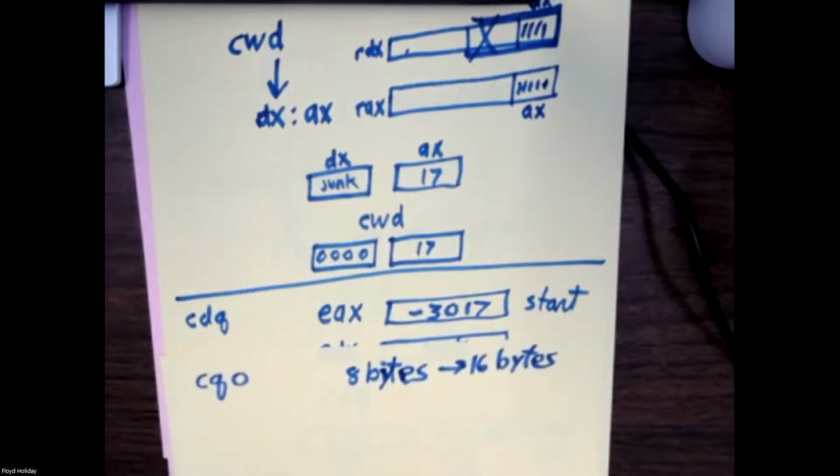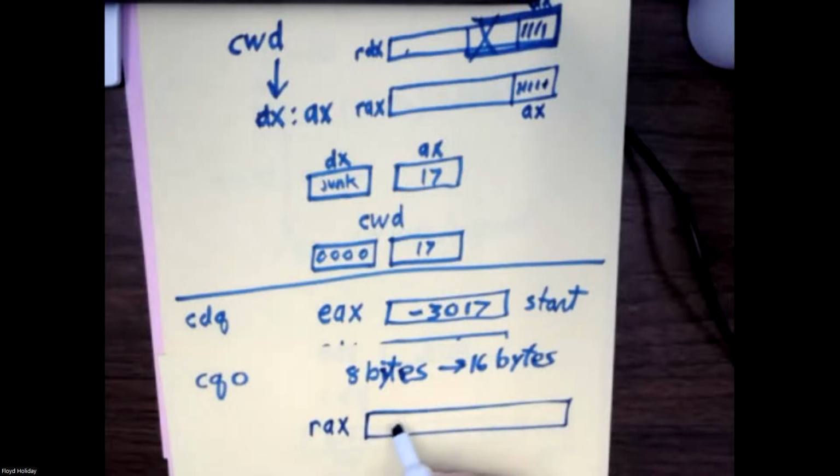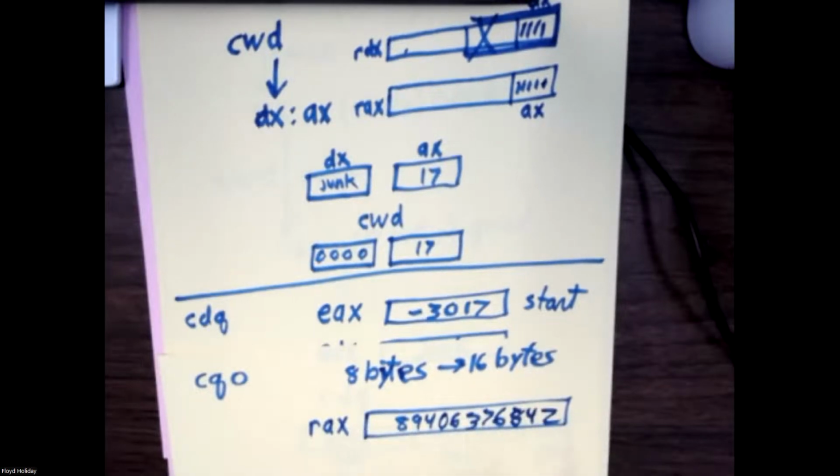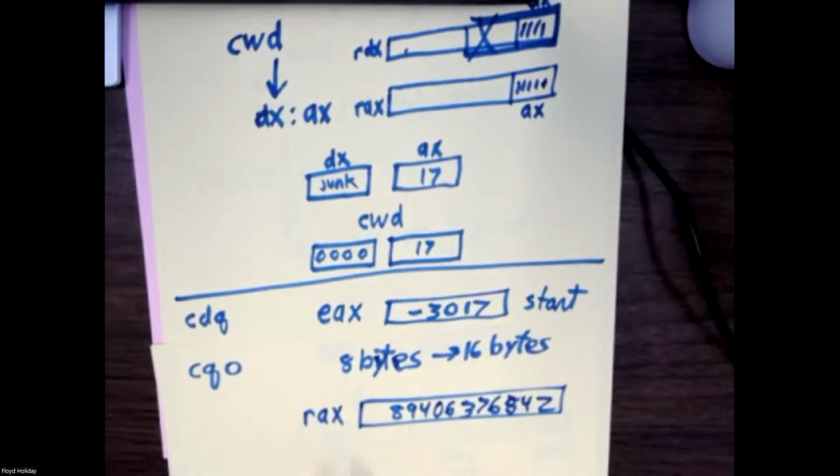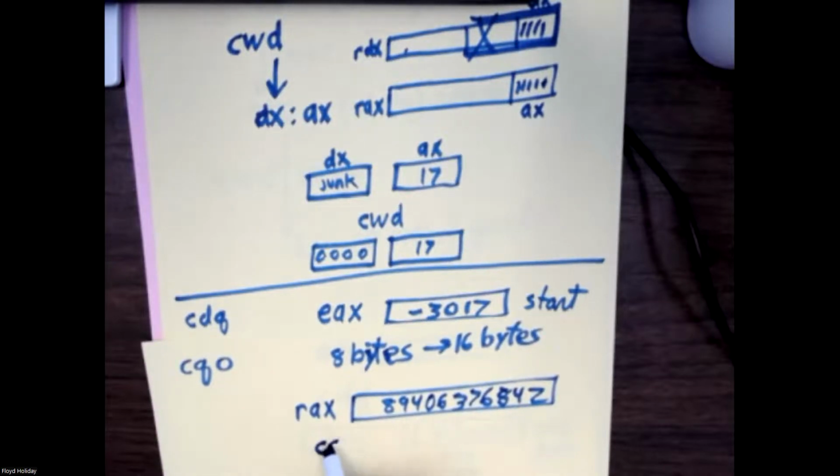It's all these, the A register. So we have a number in RAX, whatever it is. Big, huge number, 89,465,376, something like that. Okay. Then you issue the command CQO.